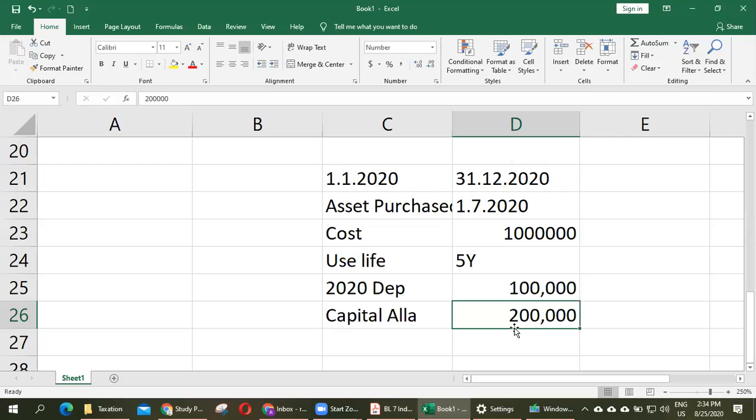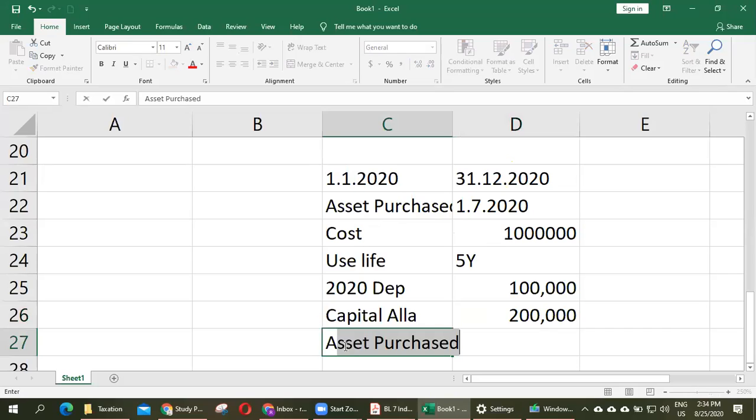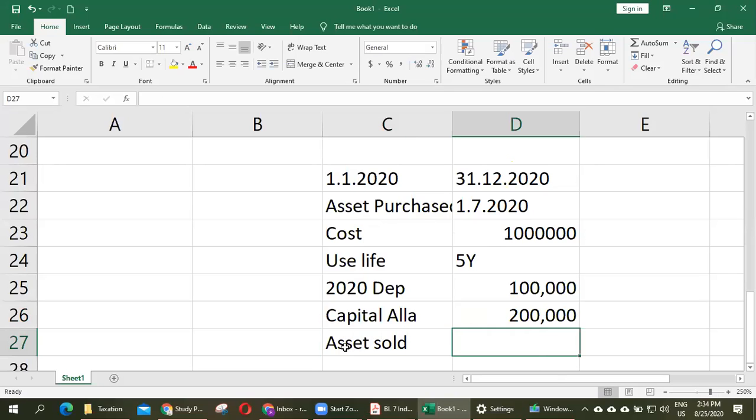If the asset is sold on 1st of May 2020.